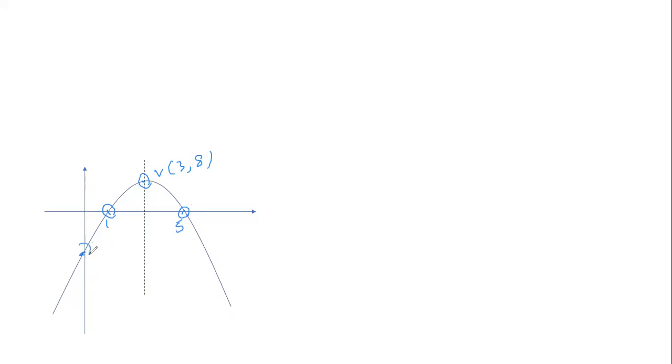This point where it intersects is negative 10. X and y. Now knowing the vertex, coordinates of the vertex is 3, 8. Can we write the equation of this line, the axis of symmetry?